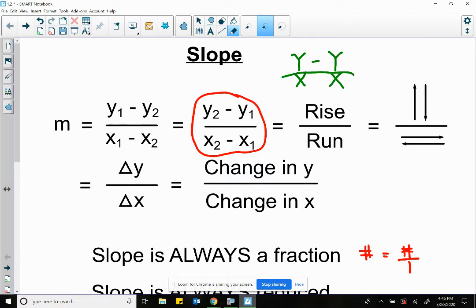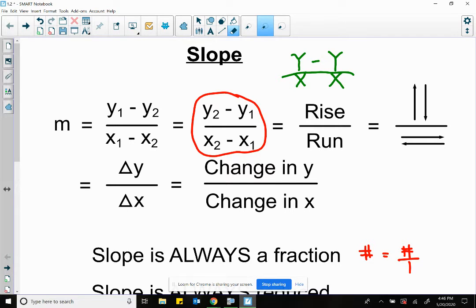When you learned how to convert standard form into slope-intercept, you were learning how to find a slope, because in order to graph in slope-intercept, you needed to know the slope. Okay, when an equation is in slope-intercept, you know the slope.